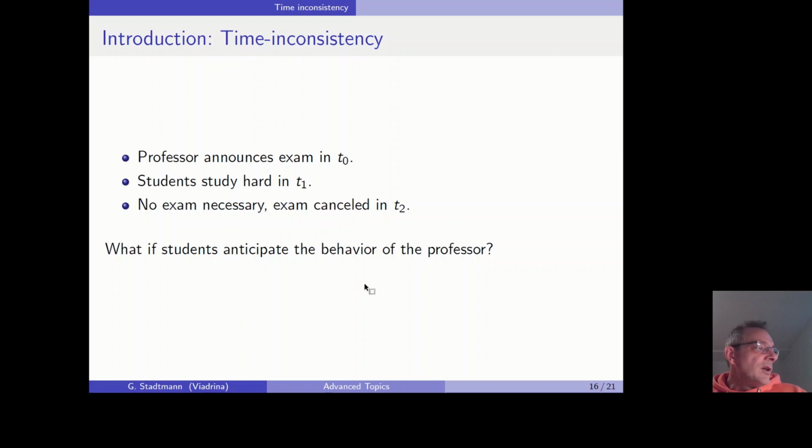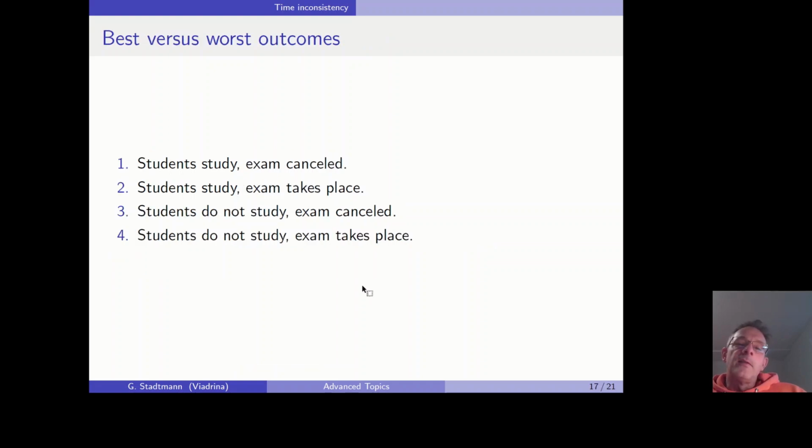So let's have a look at the different outcomes and try to order the different outcomes which are possible. The best outcome is that students study hard and the exam is cancelled. Why is that the best outcome?